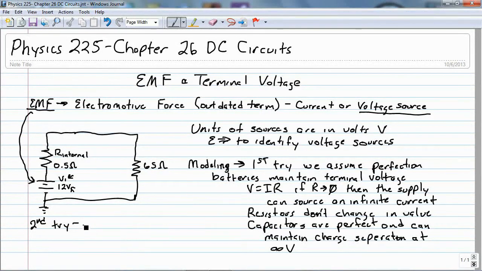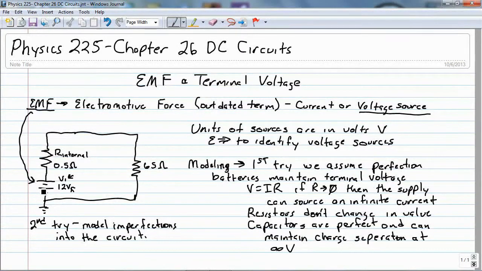So we start to model our imperfections into the circuit. And in this case, I have a battery.